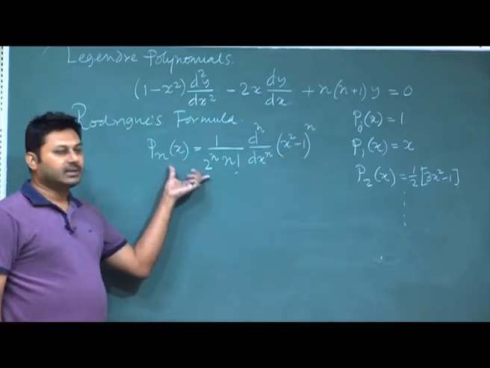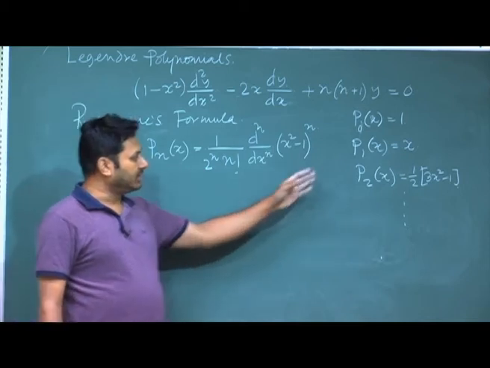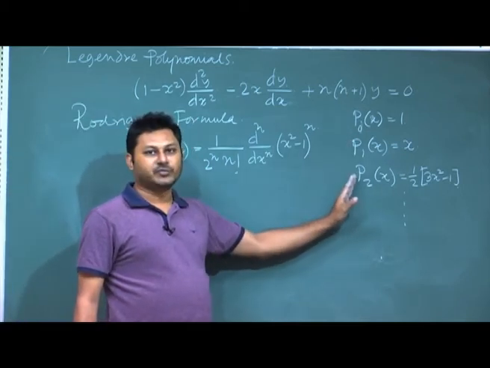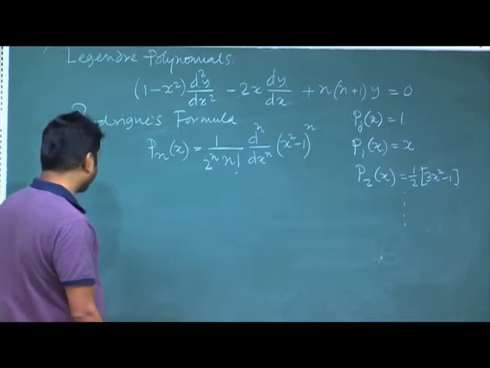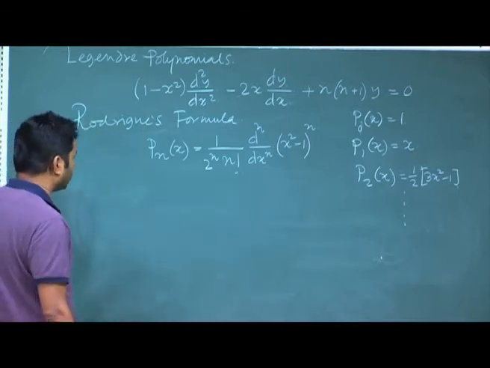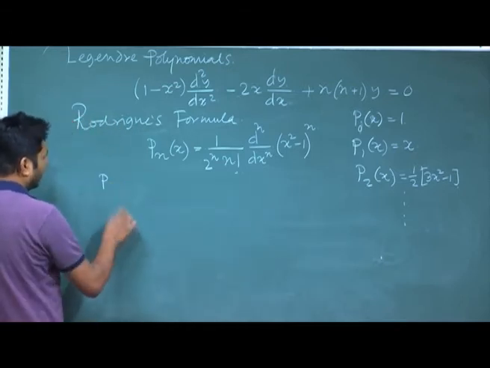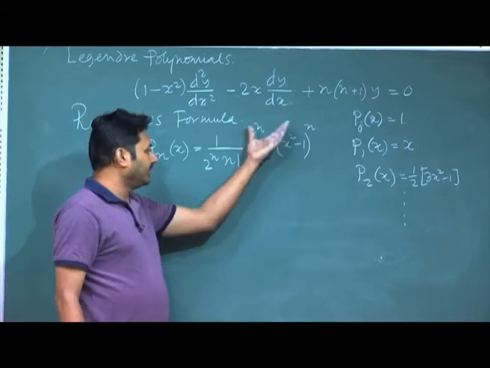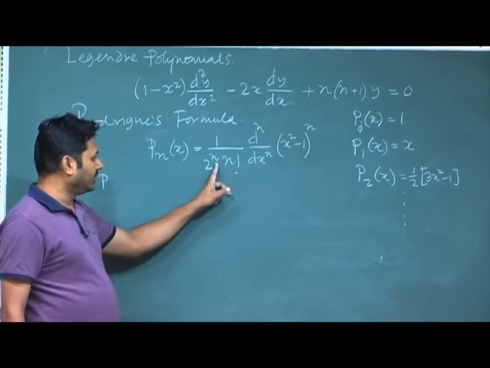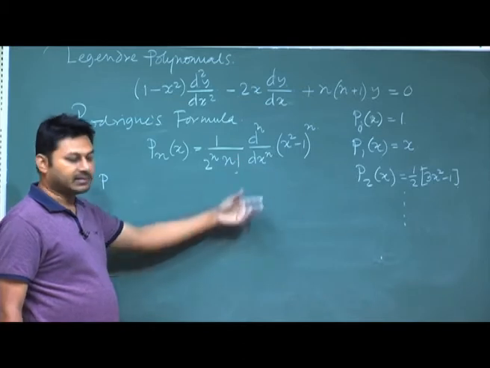If I evaluate, I am going to get these polynomials. So, let me do that elaborately so that you can have the idea of these polynomials. First, p0 is a 0th order derivative, and here it is 0, here it is 0, so it is readily 1.